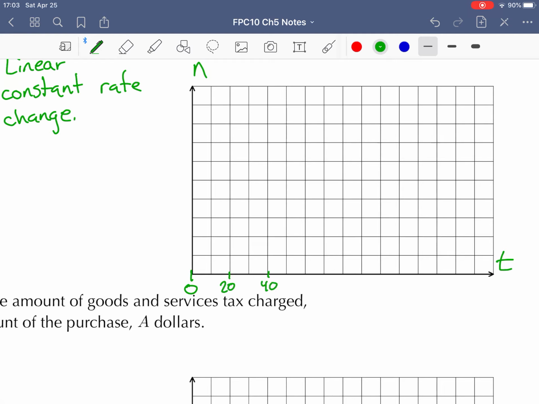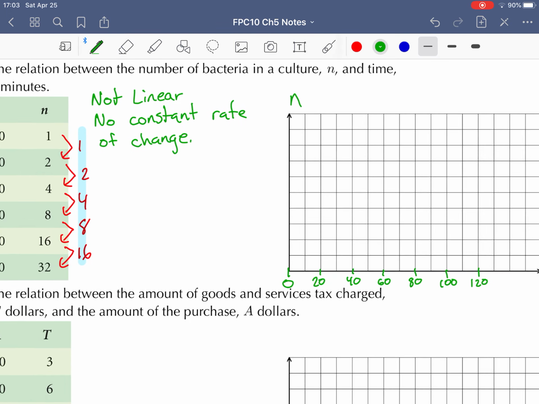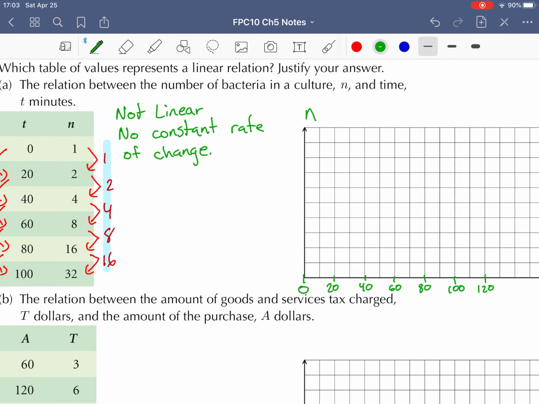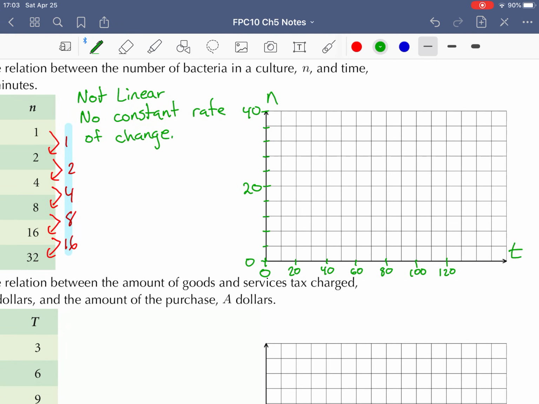I put 20 here, 40, 60, 80, 100, 120, and I think that's as high as I need to go. And I'm going to jump my N up by 4. So 4, 8, 12, 16, 20. I don't need to mark every one. People should be smart enough to figure out how big each gap is, just from a few.